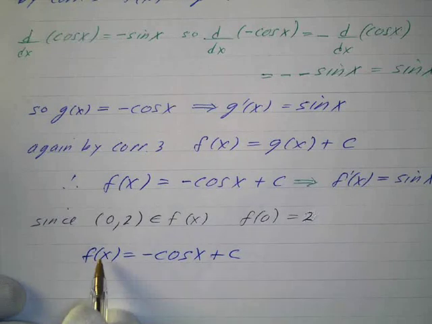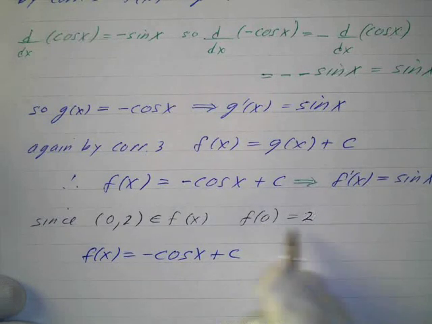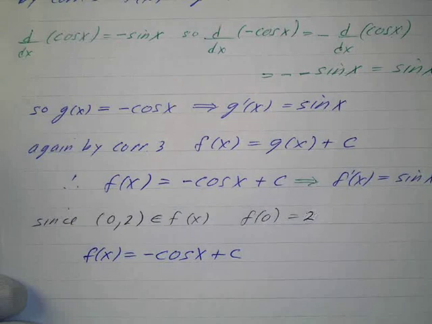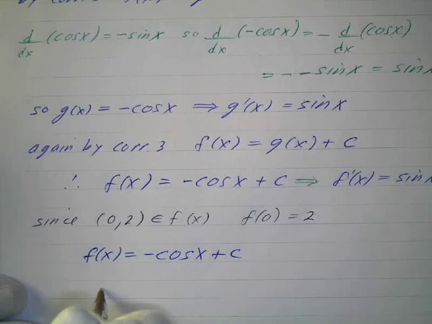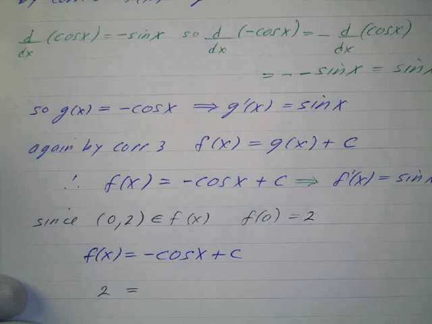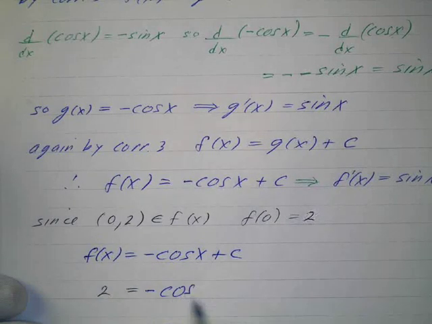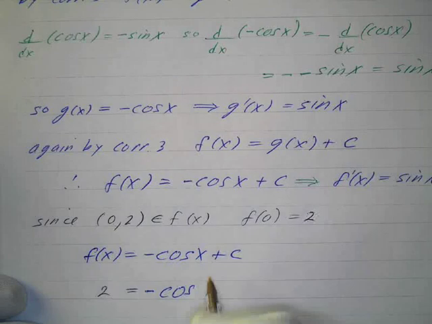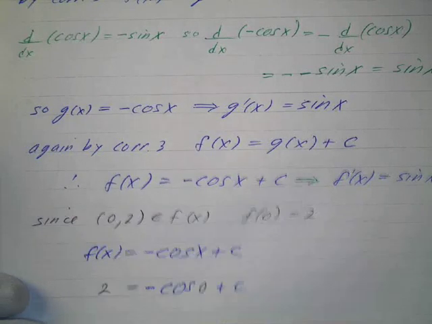And I know this is f of 0, which equals 2, so this would be 2, and that's going to be equal to negative the cosine of 0 plus c. All right?